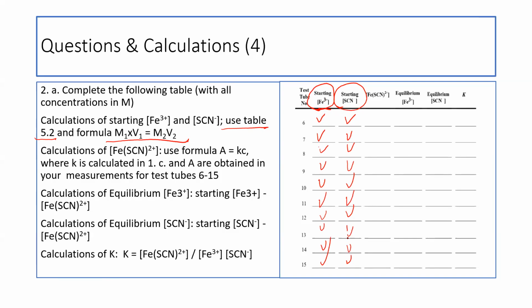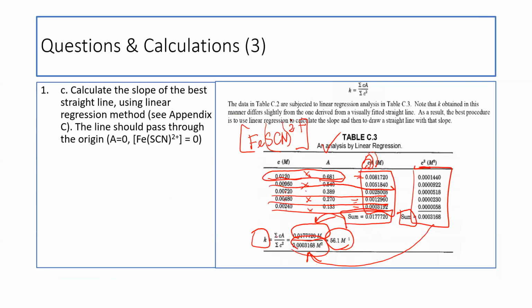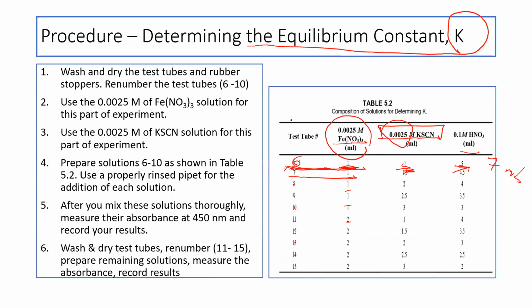Let's recall Table 5.2. Let's do it for test tube number 6 for the iron 3+. This is our Table 5.2, and this is our test tube number 6.